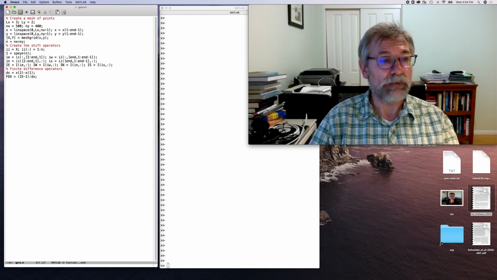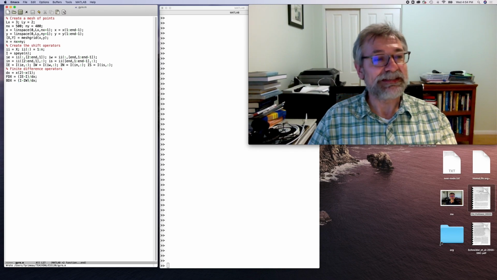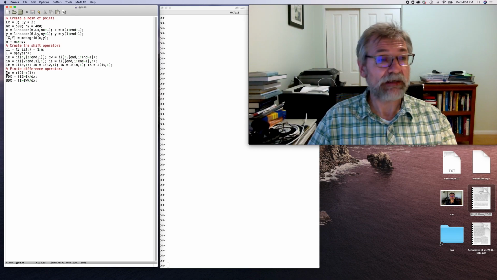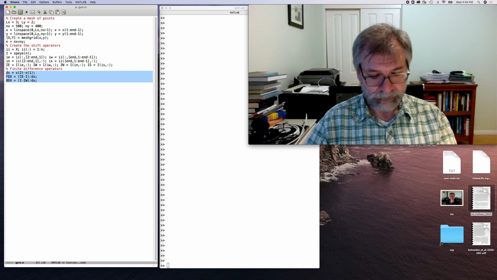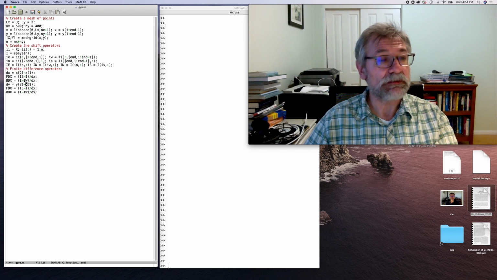Now if I do the backward difference, then I will subtract the present point minus the one in the negative x direction, which is referenced using the IW operator, so to the west. All right, so this is a finite difference approximation to the partial derivative with respect to x, and we can do the same thing in the y direction by just replacing the x's by y's.